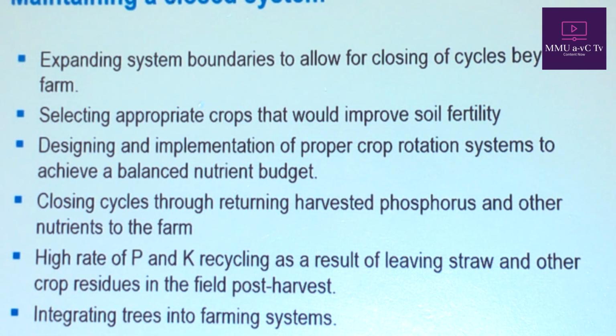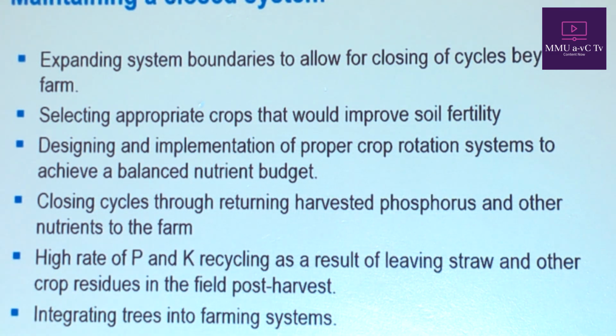High rate of phosphorus and potassium recycling as a result of leaving straw and other crop residues in the field at post-harvest handling. So we do not need to carry the entire crop to the barn or to the store, but rather we would take only what is required for consumption.